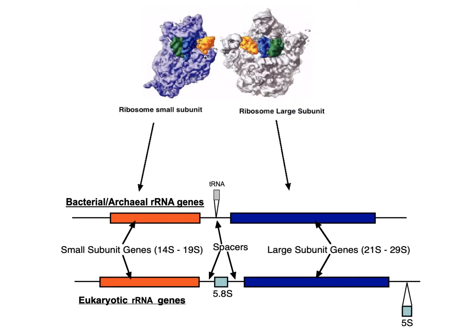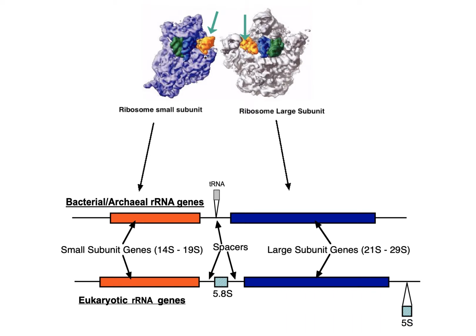The large subunit of the ribosomal RNA becomes the major part of the large ribosome subunit, and the small subunit gene becomes the major part of the ribosomal small subunit. And then these go together in this green, red, or green, blue, and yellow things here.